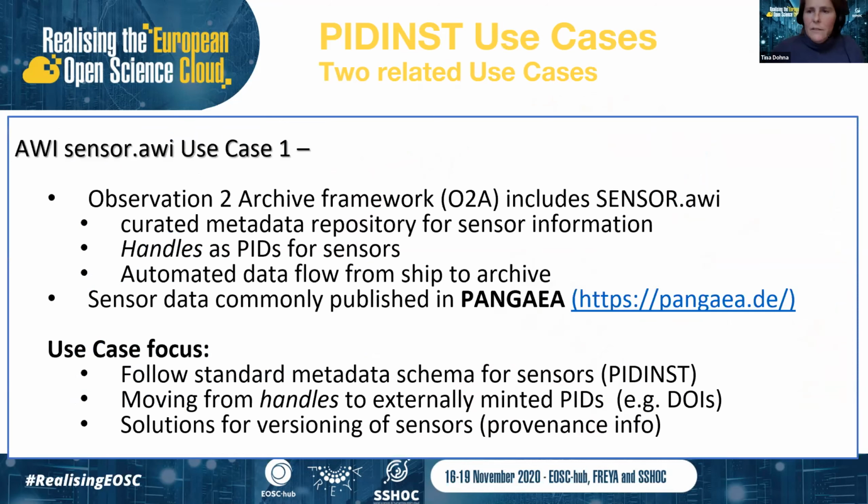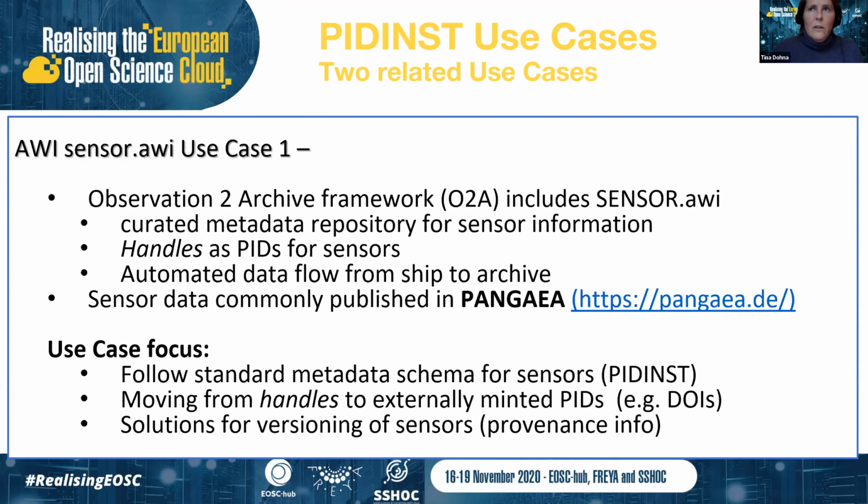The AWI is the Alfred Wegener Institute, one of the institutes that funds Pangea, and they have a framework for sensor data flow to archive, the observation to archive framework. Within this, as a building block, is Sensor AWI, which is a sensor registry. It also includes information on sensor status, on deployments and such.